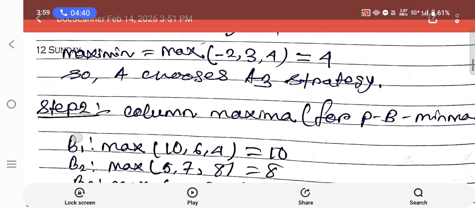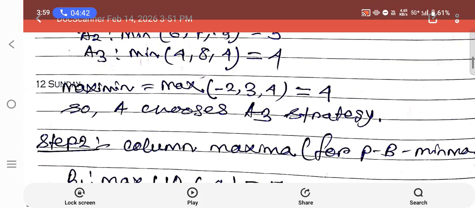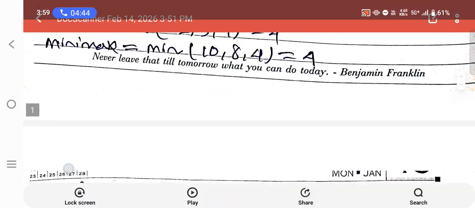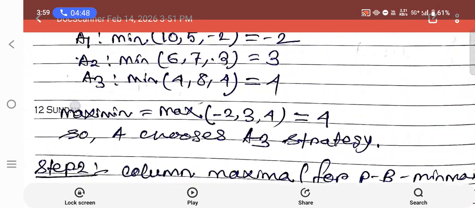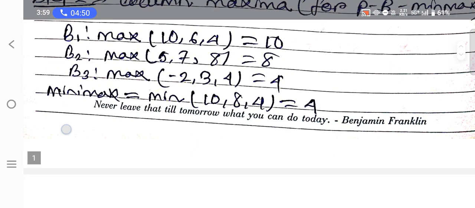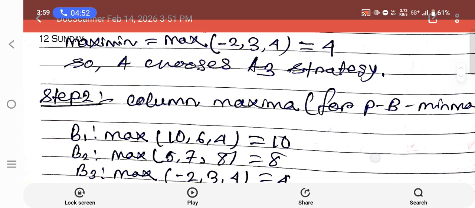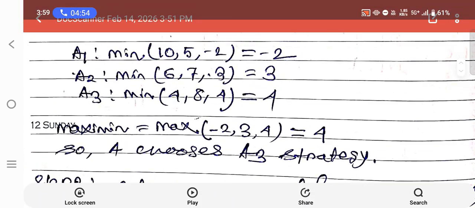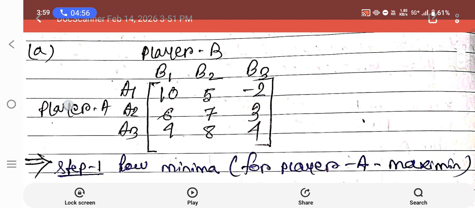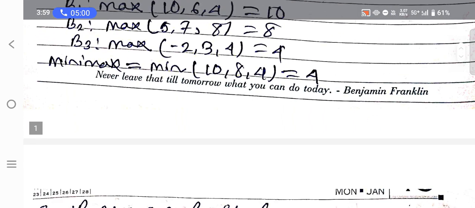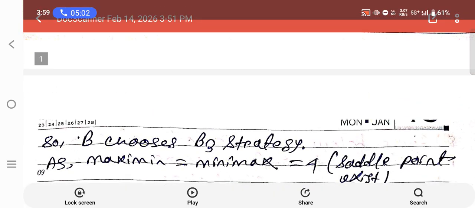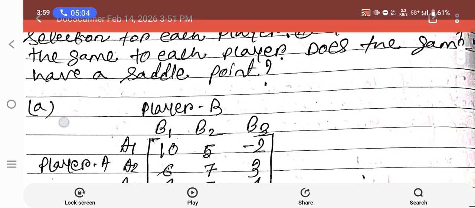Here the minimax value is 4 and the maximin value is 4. Player A chooses the A3 strategy, and player B chooses the B3 strategy.